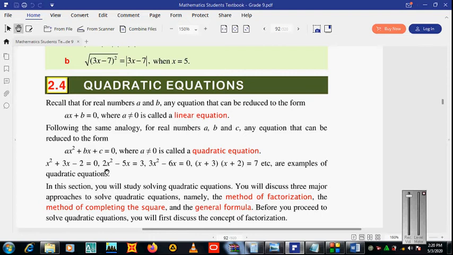Thus all are written in the form of ax squared plus bx plus c. Any equation written in this form, or that can be reduced to the form ax squared plus bx plus c is equal to 0, is called a quadratic equation.